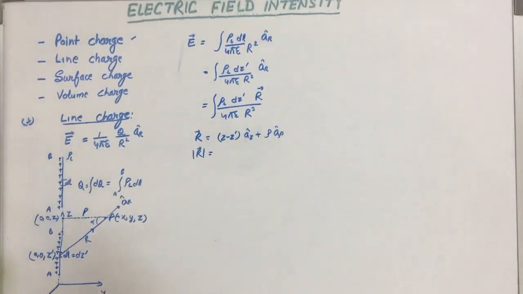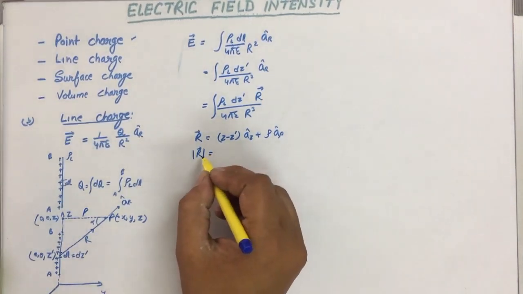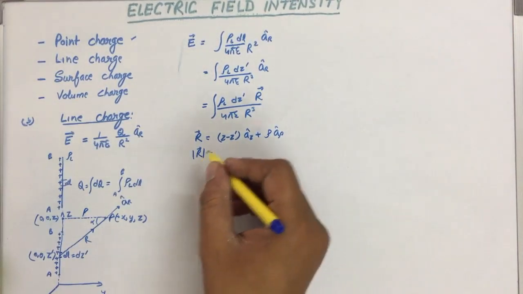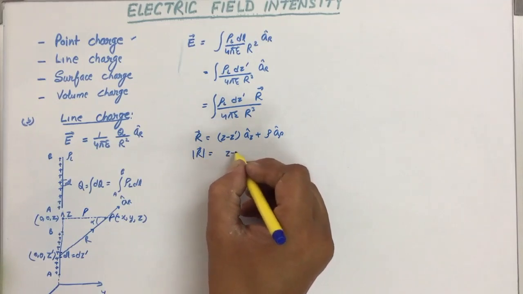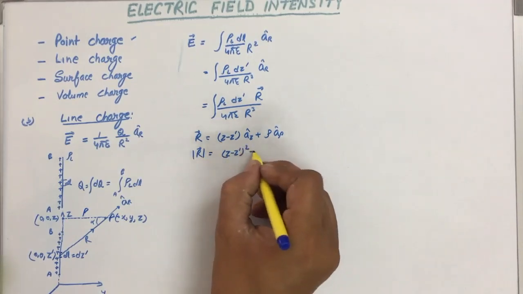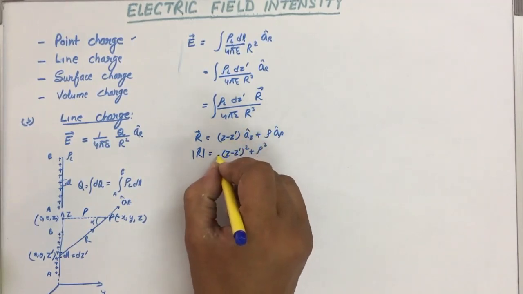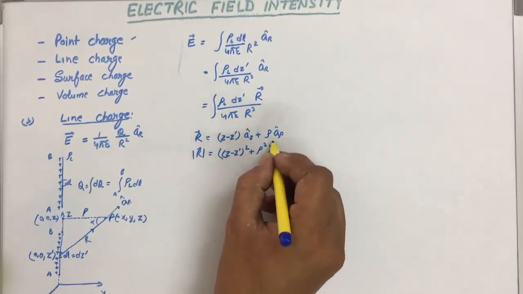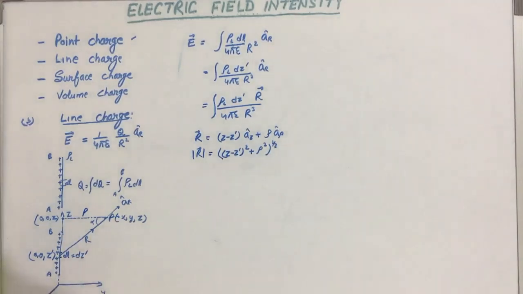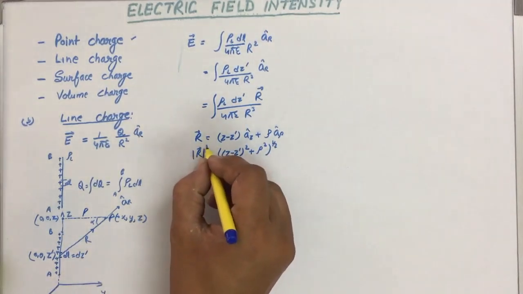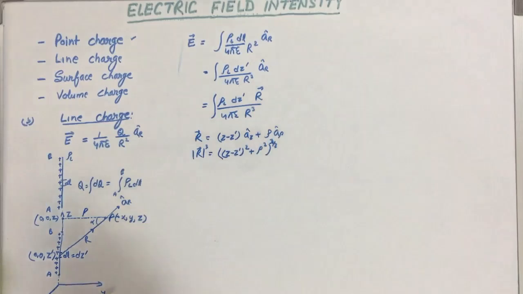We can write it like that. If we find the mod of this, it will be (z minus z dash) square plus rho square, power 1 by 2, and for the power 3 it will be 3 by 2.